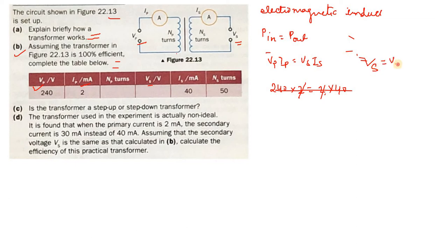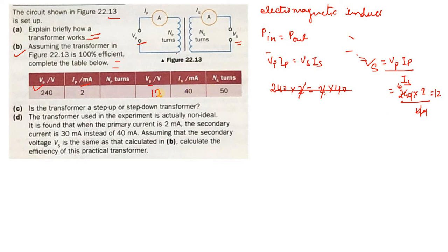So Vs will be your Vp Ip divided by Is, which is 240 into Ip, which is 2, divided by how much we have, 40. So this will become 12 voltage. So I can fill here, it will be 12 voltage.